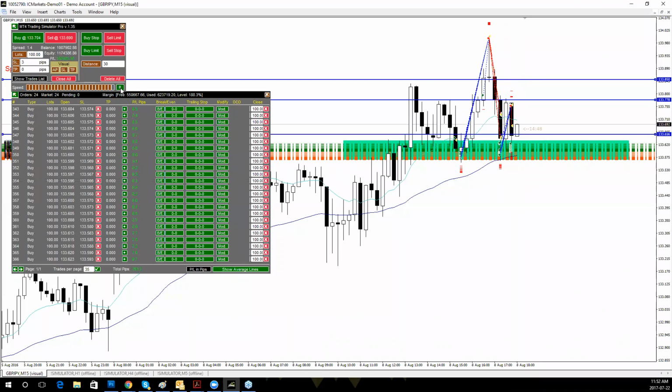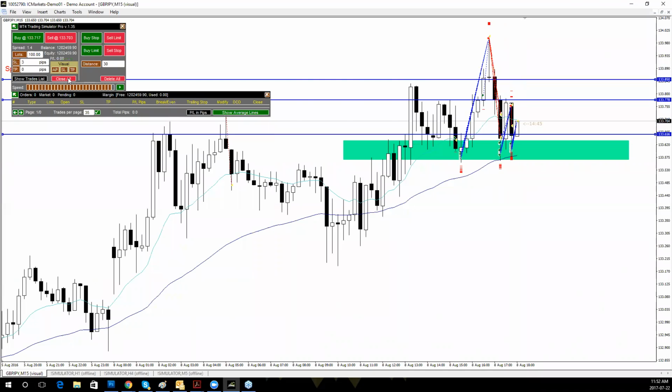The moment it touches the EMA, close it. Yes, we good. 3 pip stop loss and 10 pip take profit. Perfect. Well done. Well, I have to go, guys. See you later. Okay, bye-bye.